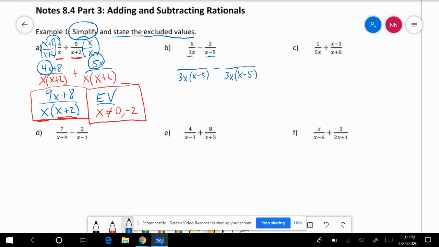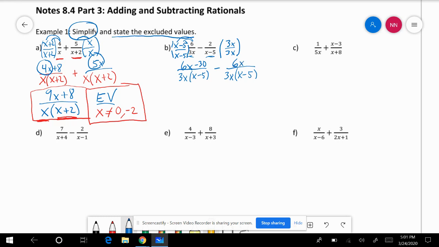We're going to multiply our first term by the x minus 5, and we're going to multiply our second term by the 3x. So we're going to distribute the 6 to each of the terms. That gives us 6x minus 30. And then right here, what we have is minus 6x.